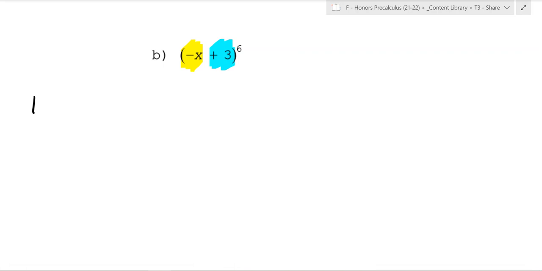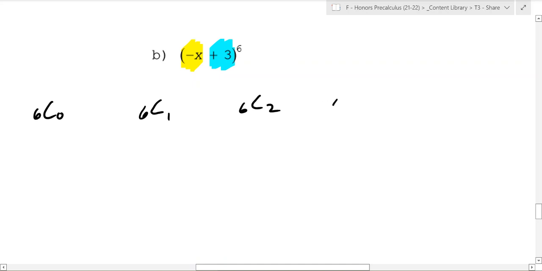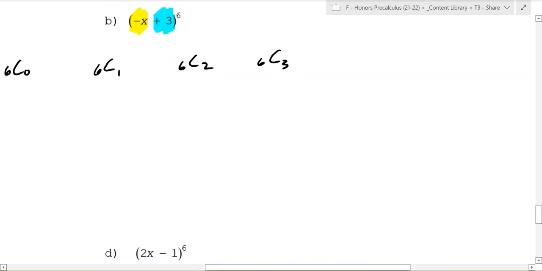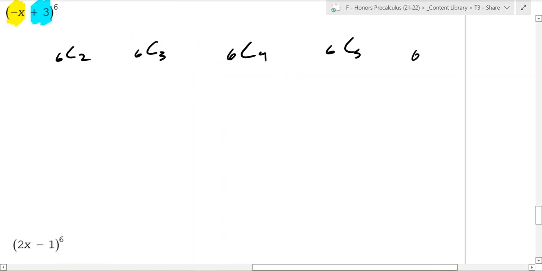And if you don't remember what the row is, because it's to the 6th power, it starts with 6 choose 0. So first it's 6 choose 0, and then it's 6 choose 1, and then it's 6 choose 2. Keep the pattern going like this, 6 choose 3. Then you get 6 choose 4, 6 choose 5, and 6 choose 6.